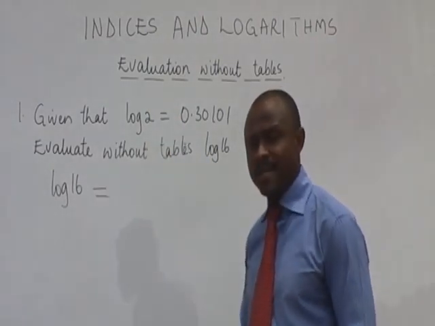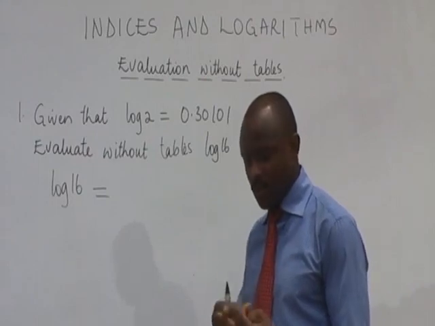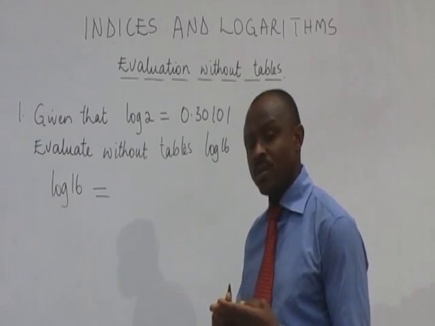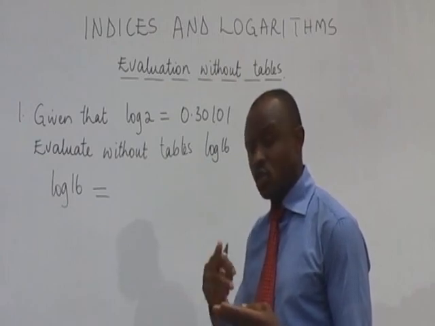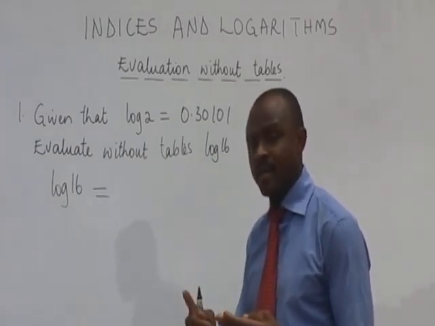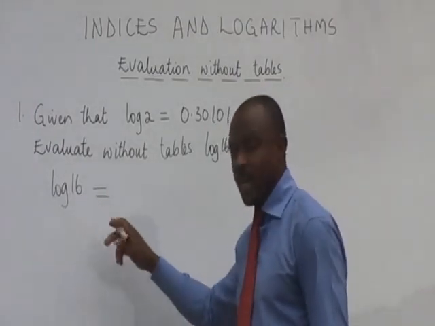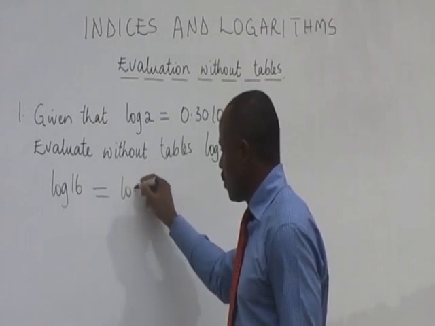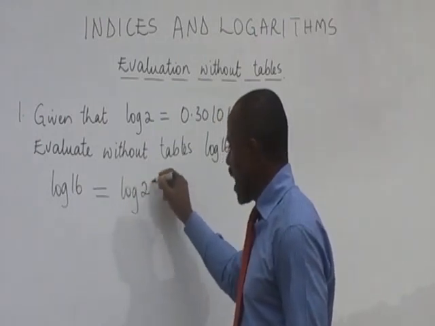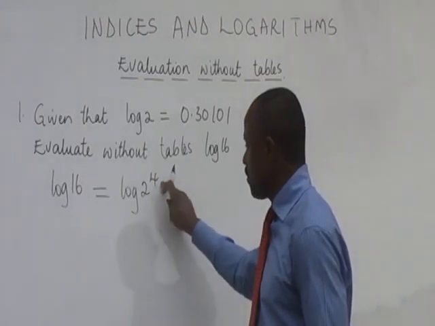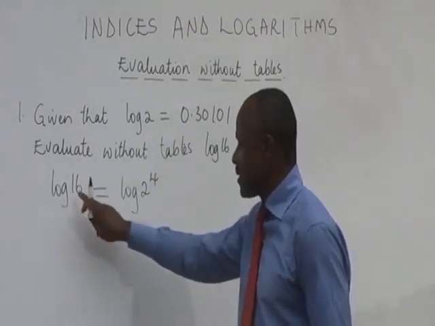First of all, you know that 16 is 2 times 2, 4 times 2, 8 times 2, 16. That means 2 exponent 4 is 16. You are not making a mistake if you equate log 16 to log 2 exponent 4, because 2 exponent 4 is the same thing as 16.